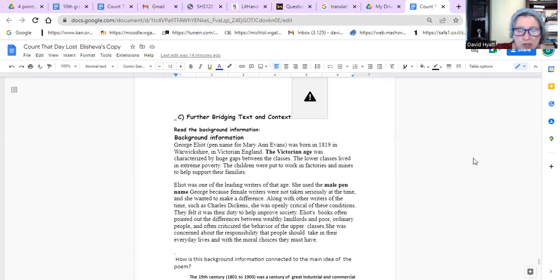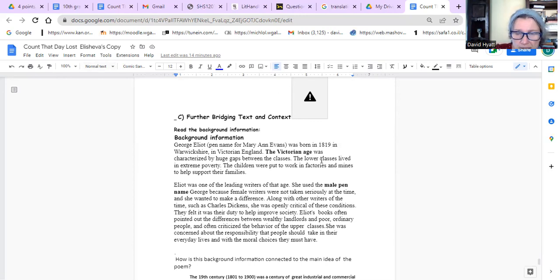The Victorian age, התקופה של המלכה ויקטוריה, was characterized by huge gaps between the classes. היו פערים אדירים בין המעמדים. סליחה, הייתי צריכה להסתכל, שכחתי את המילה. אוקיי?